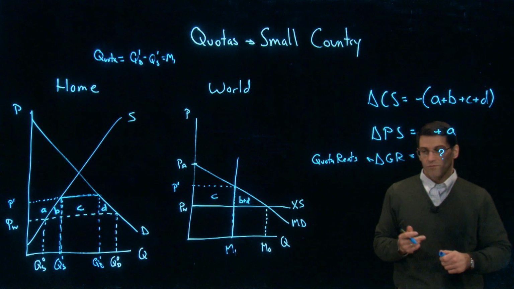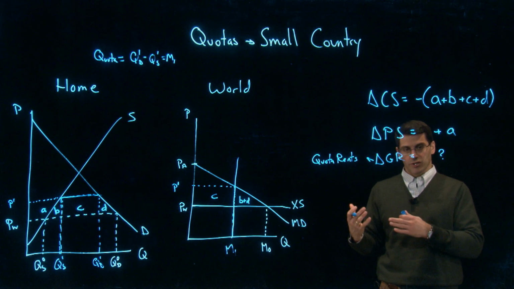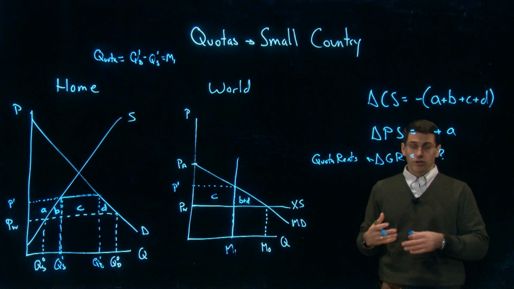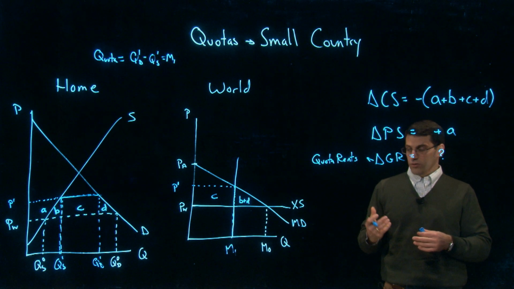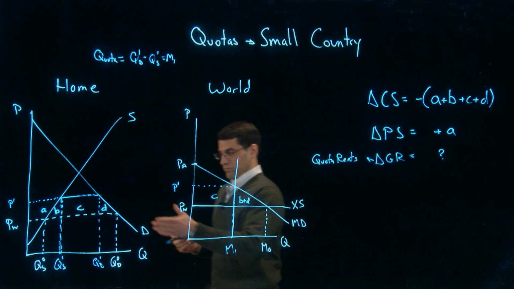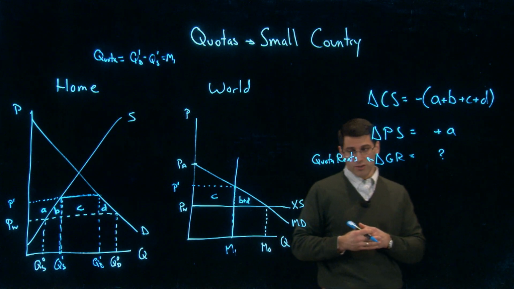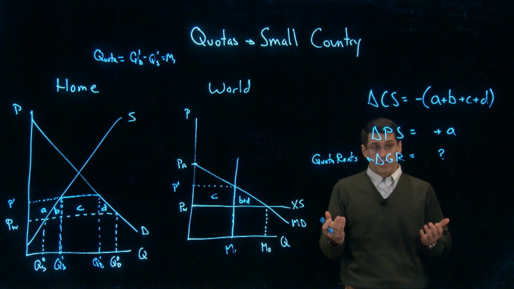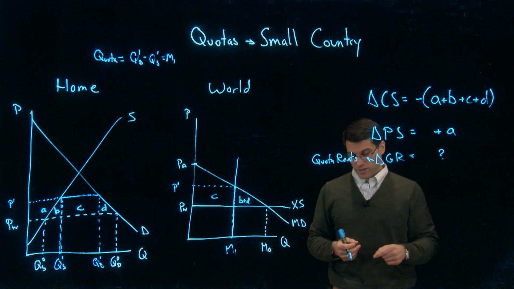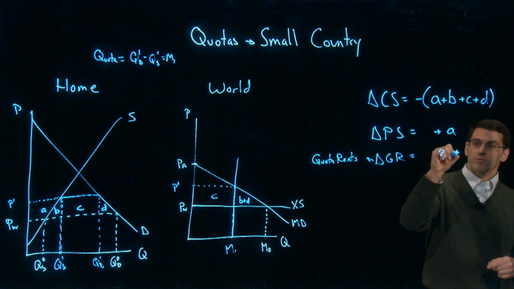And it becomes a question of who gets those. What we used to call the government revenue, it's a question of who gets it. We're calling it the quota rent. So in the first scenario, the domestic suppliers, or actually think about it as the resellers, the importers, end up getting the quota rents. In that case, that C ends up going to the resellers, right?